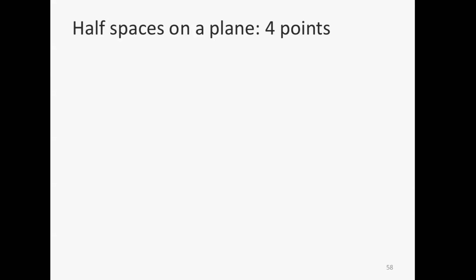Pretty much absolutely. So that's exactly the comment on Zoom. Once you hit 4 points, you can create an XOR example. So you have 4 points. I can make these two positive and these two negative. I cannot draw a line.